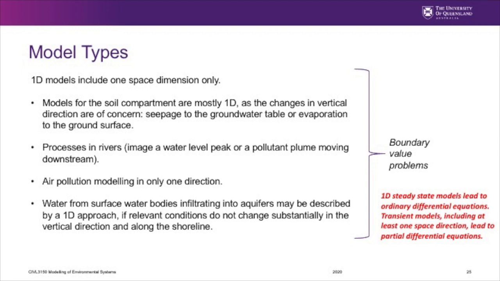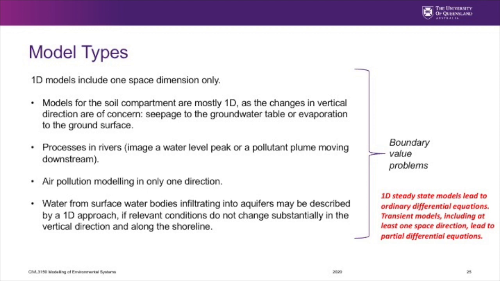We also have processes in rivers that are being modeled based on 1D modeling. And we can have an image of a water level peak or a pollutant plume moving downstream. And this is the example that we're going to discuss today.